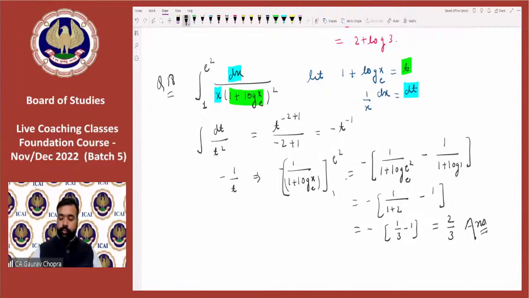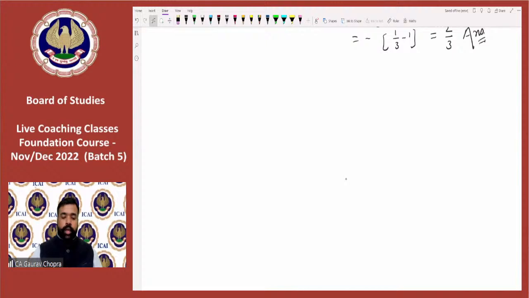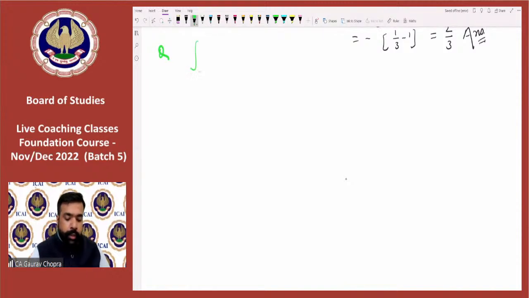Okay, then next, let's try a different question. Now this time the question is, limit is from 0 to 5, modulus of x minus 2 dx.